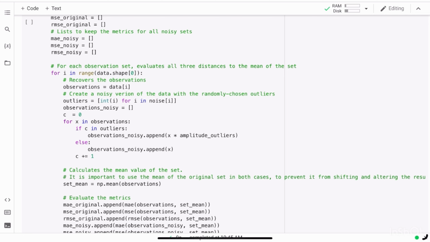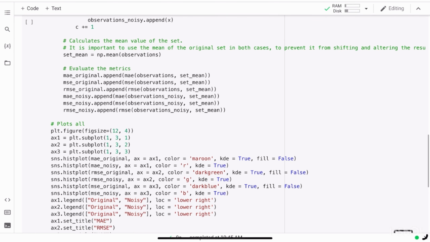So out of the 1000 observations, in the inner for loop, let's say I want to create 10 outliers. For every outlier I am adding to the noisy dataset here.